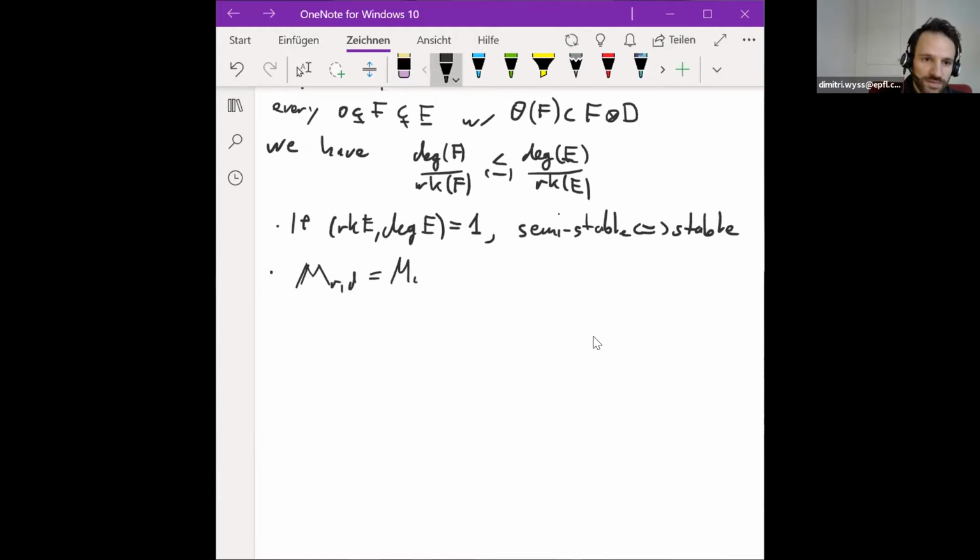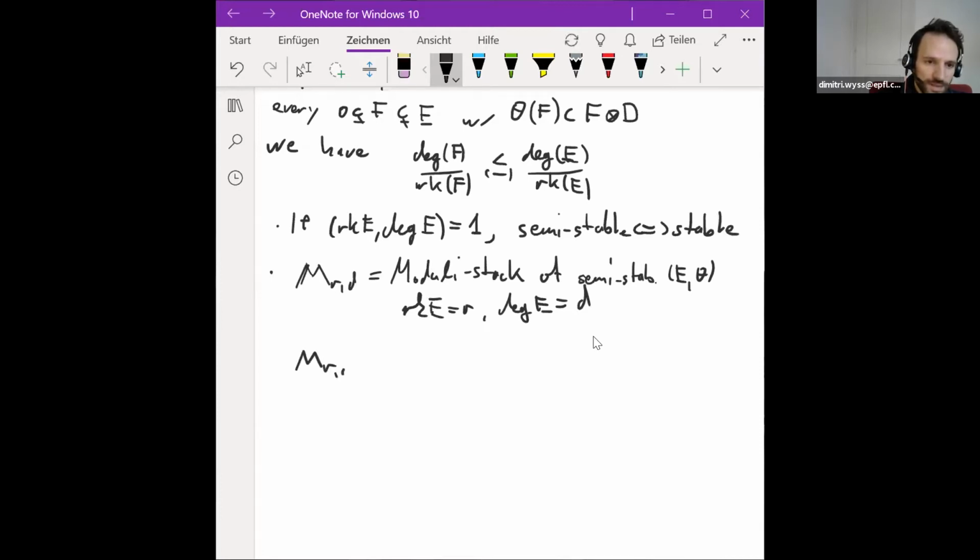So this will just be the moduli stack of semi-stable pairs E theta with rank of E equal R and the degree of E to be D. And then the usual M_RD, it will be the coarse moduli space of the same semi-stable objects.